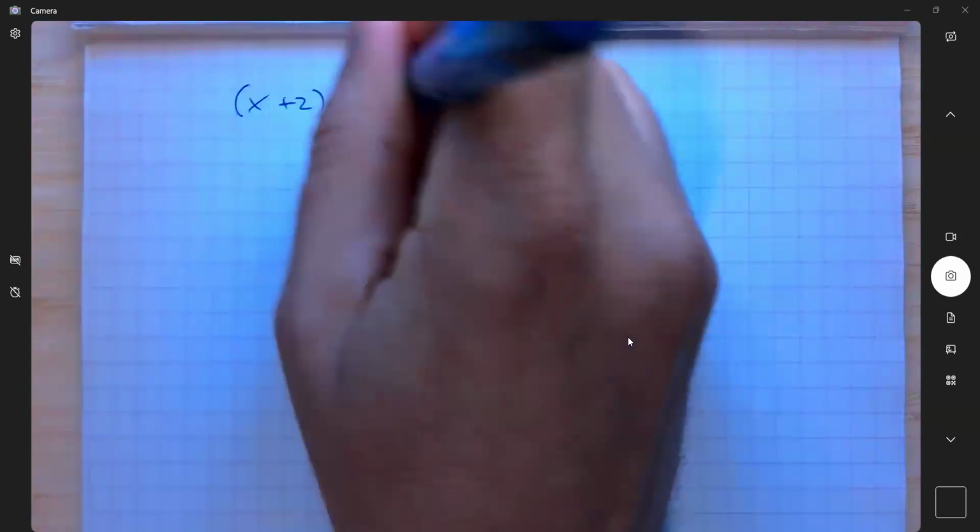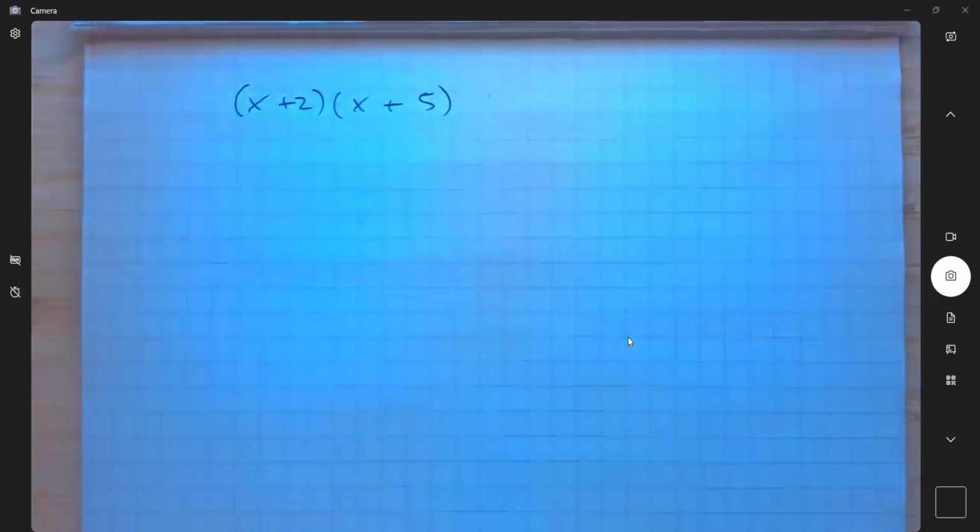Let's do another one just to get that idea locked down. Let's do x plus 2 times x plus 5. So I'll build my box.